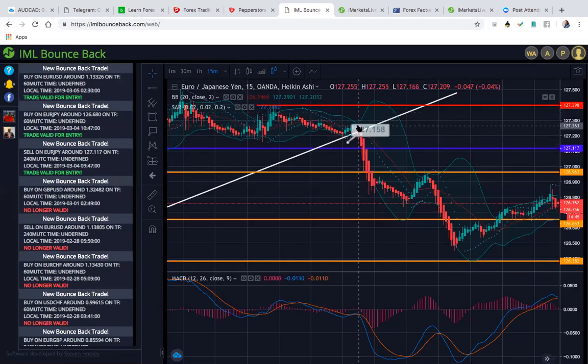So if you see that the candle has broken your trend line, like here, for example, and the candle has not finished forming as yet, all you need to do is look right and see what time that candle is going to close. How much time is left before that candle closes? Because you do not want to enter the trade when it looks like it's breaking, but then it actually goes back and closes above.